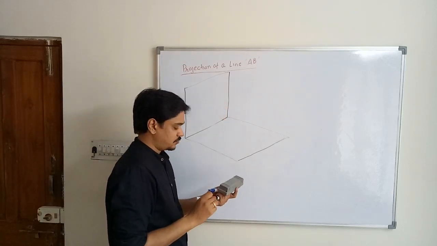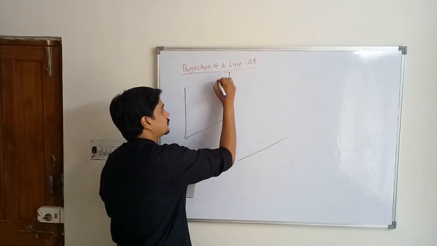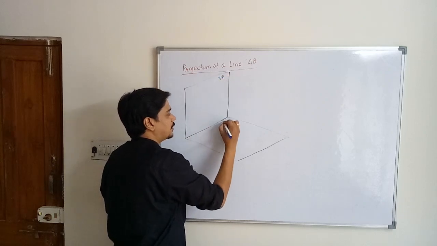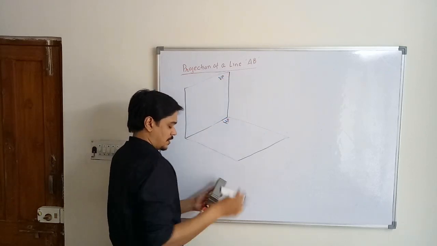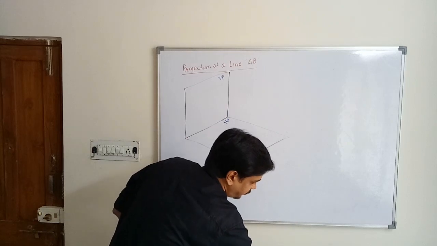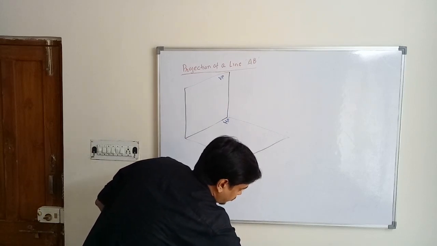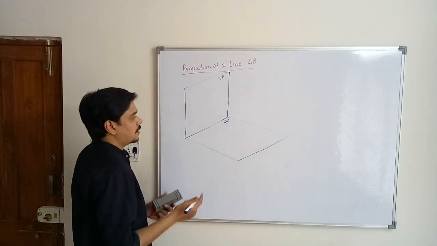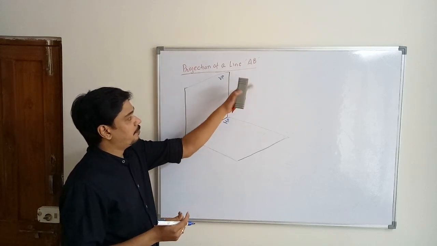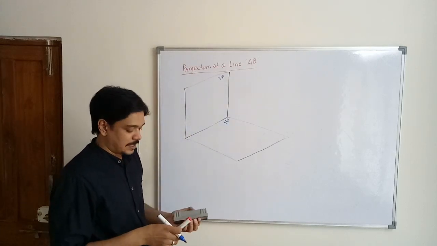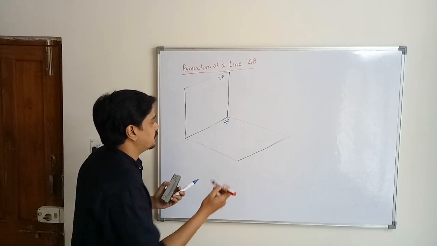So let us name these two: this is the vertical plane and this one is the horizontal plane. Now we have to obtain a projection of a line. So let us take a line.